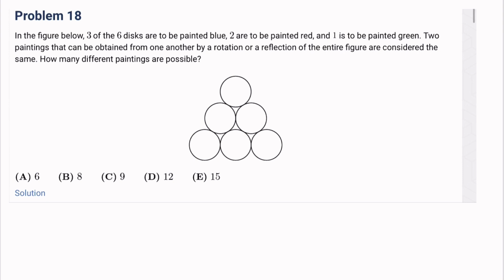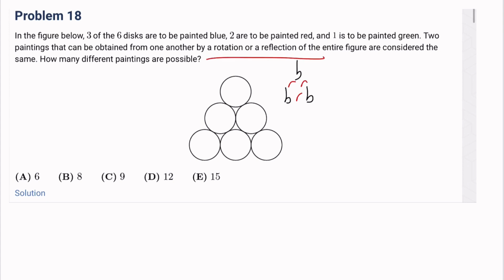Okay, so we have 3 of the 6 discs painted blue, right? And so we can first choose which discs will be painted blue, and that will very much limit the choices of the other colors. So we can have blue here, so that would look like this, and it would not matter which one is red, right?